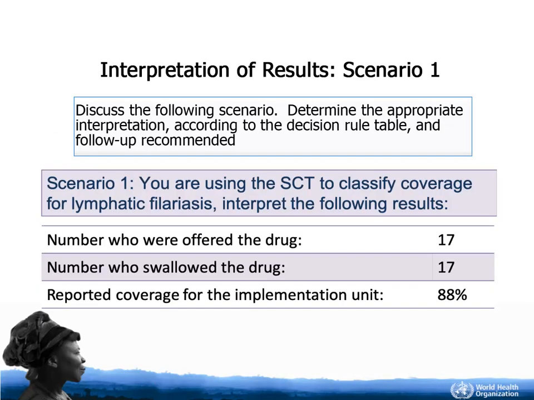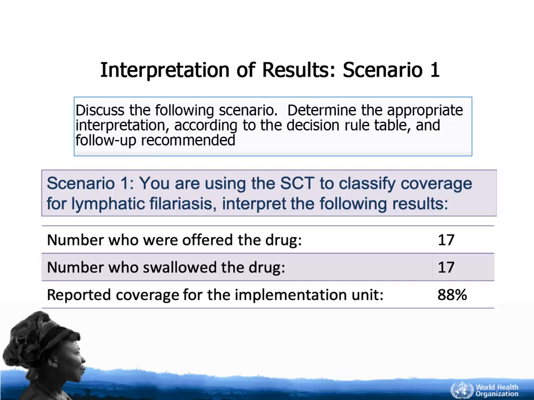For Scenario 1, we are using the SCT to classify coverage for lymphatic filariasis and asked to interpret the following results. We can see that 17 out of 20 people who were offered the drug swallowed it. According to the decision rule table, 17 out of 20 people swallowing the drug could be classified as good, meaning that it is above the target threshold.